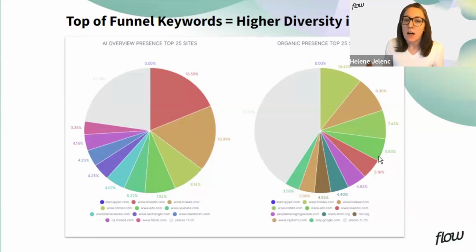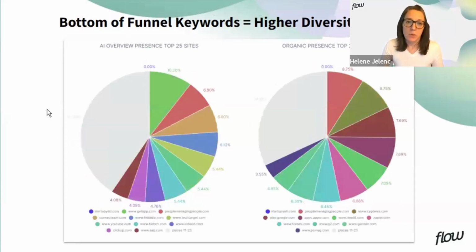As we can see, for top of funnel keywords, there's actually more diversity and more sources included in the organic results. Whereas in the AI Overview of top of funnel, Google prefers to stick with known entities. We're going to talk a bit about an entity and how you can become one later. But as you can see, this red slot here, this is LinkedIn. LinkedIn is talked about almost 19% of the time in AI Overview, whereas on the other side, LinkedIn in organic search results is only 5% of the time.